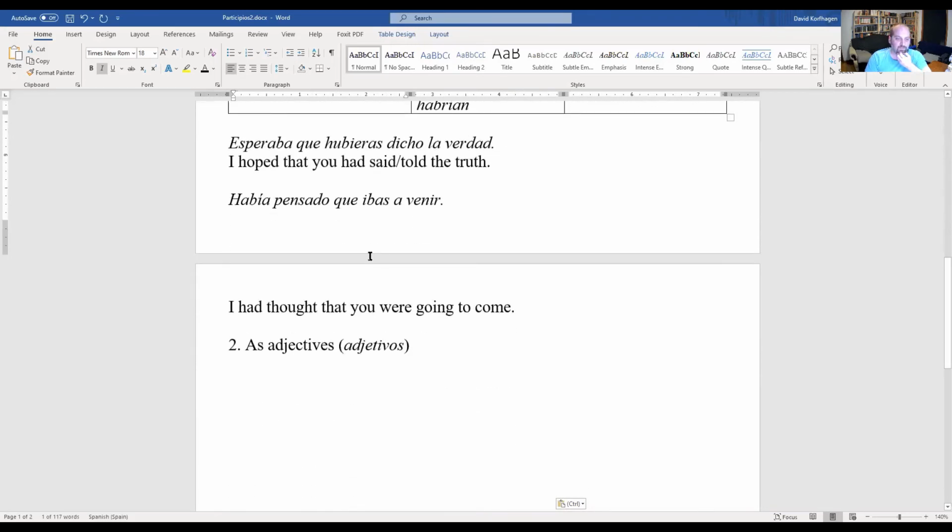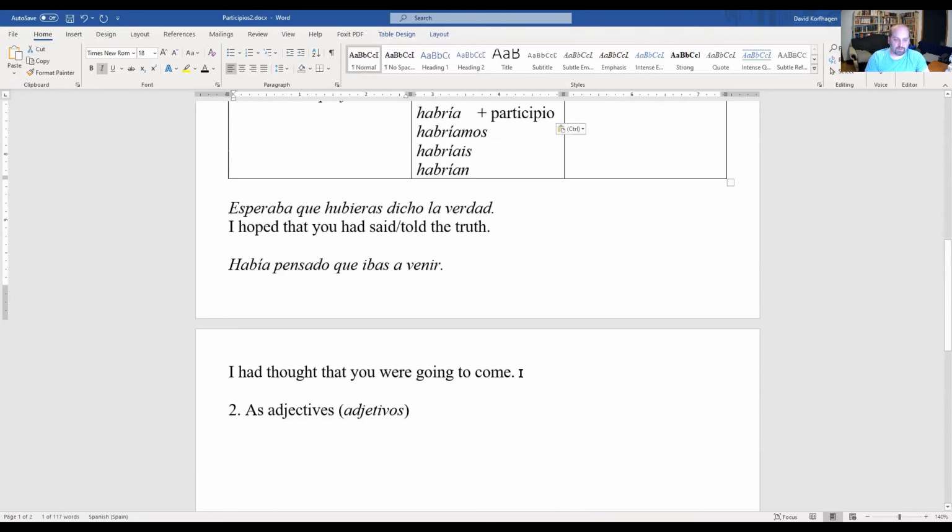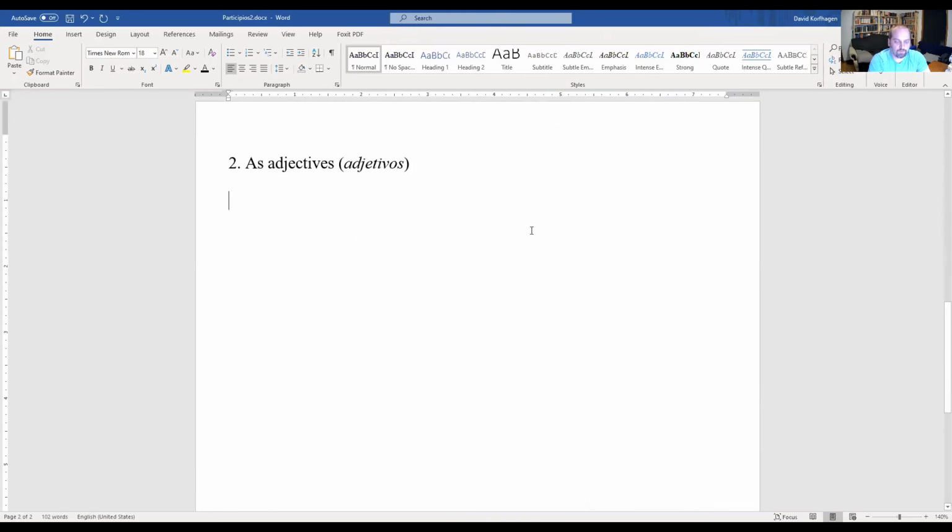Another time that you use it is as an adjective. So for example, me gustan los huevos revueltos. We have revolver, and the past participle of that is an irregular one, like we saw with decir is dicho, hacer is hecho, volver is vuelto, right?